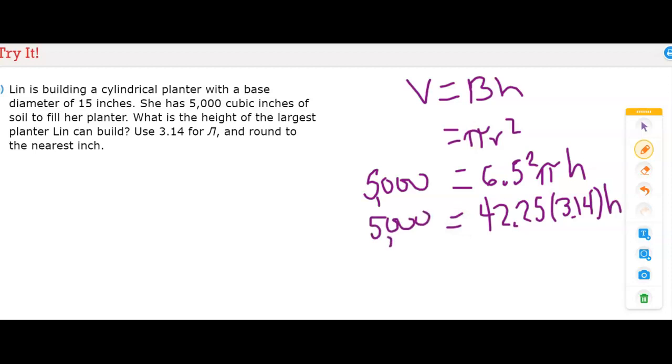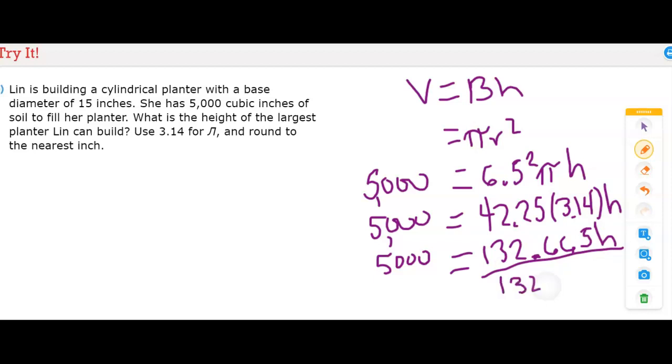So 42.25 times 3.14 is equal to 132.665. And then that's 5,000 still over here. And that's going to be h. So now we need to solve for h. So we're going to divide by the 132.665 on both sides of our equation.